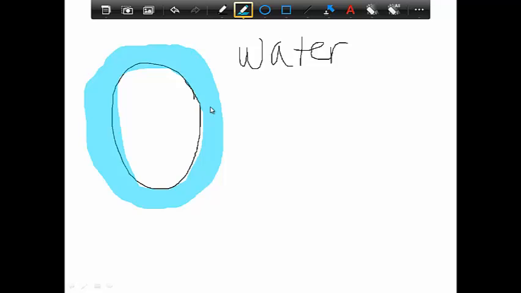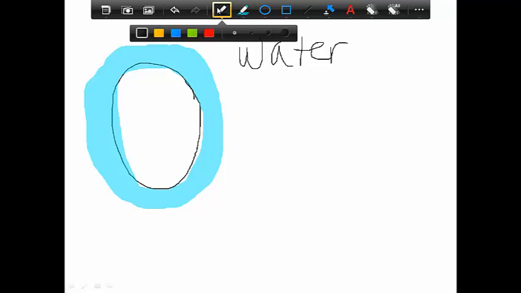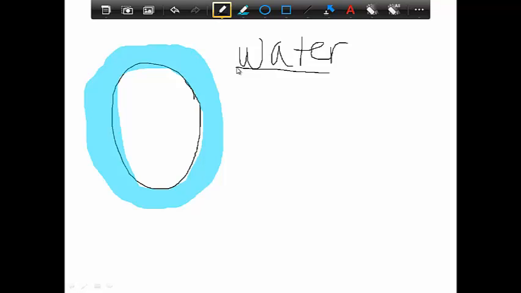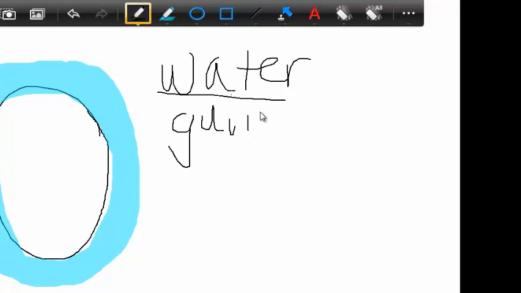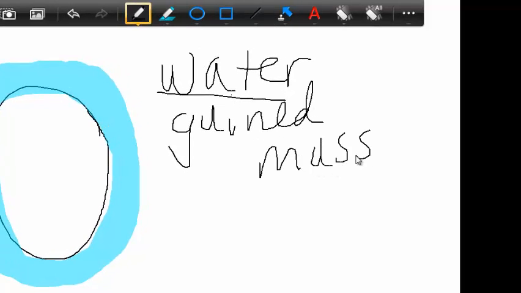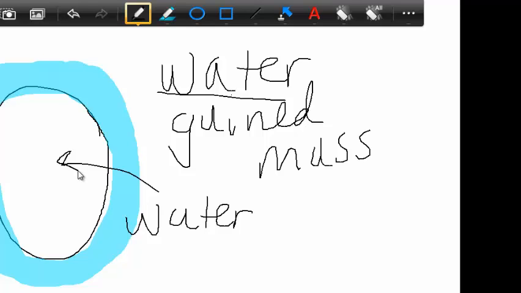Okay, pure water obviously has lots of water in it. And I think the result you should have gotten, for the most part, is that the egg gained mass. Okay. So the egg got heavier. What does that mean? That means our water from the outside, where there was lots of water, moved into the egg.